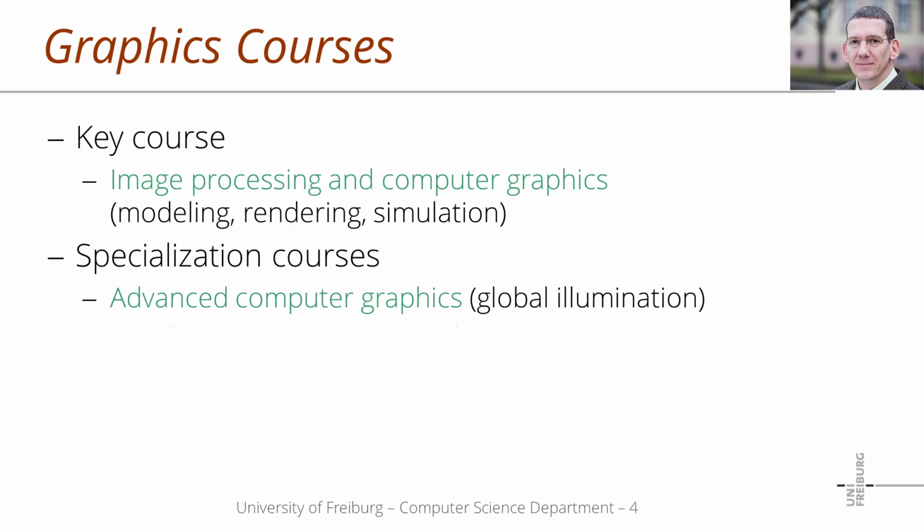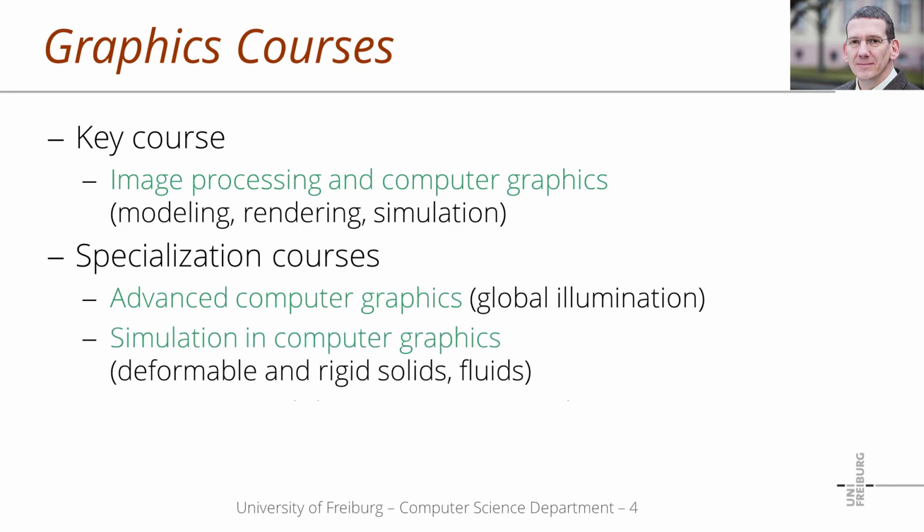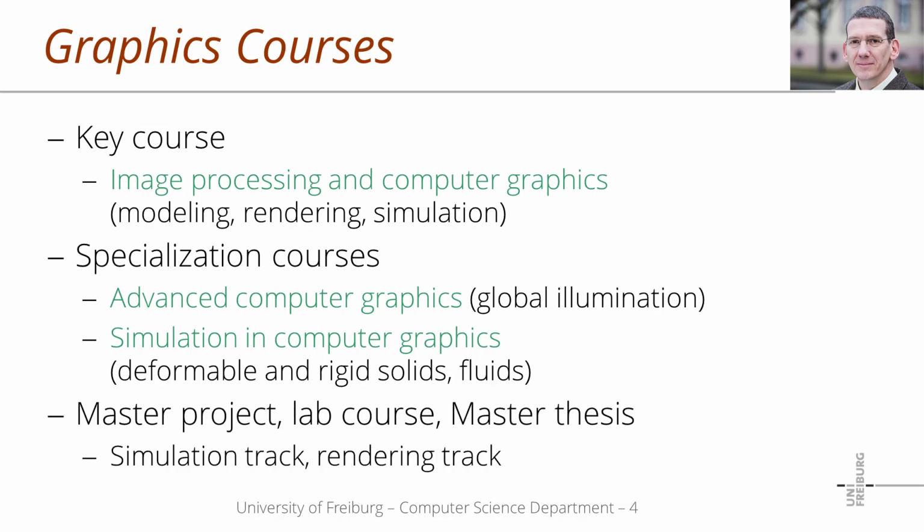In the advanced computer graphics course, we look into so-called global illumination approaches, for instance radiosity or stochastic ray tracing. In the simulation course, we introduce concepts to simulate deformable objects, rigid solids or fluids, and there we mainly look into particle-based approaches. In addition to these courses, we also offer seminars, an animation seminar and a rendering seminar, and we also offer all types of projects and theses.